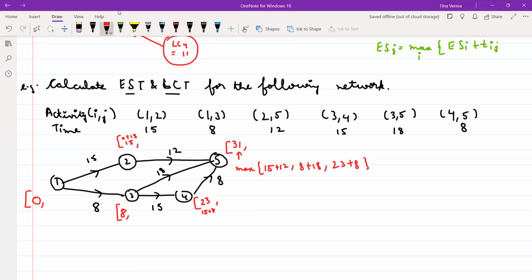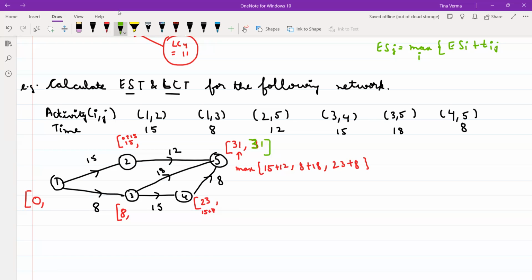So that means the earliest starting time for activity 5 is 31. That means all the tasks should be complete in 31 units of time, right? Complete means, what should the latest completion time be then? For the last activity, 31. Is it clear? Yes or no? Any doubt?